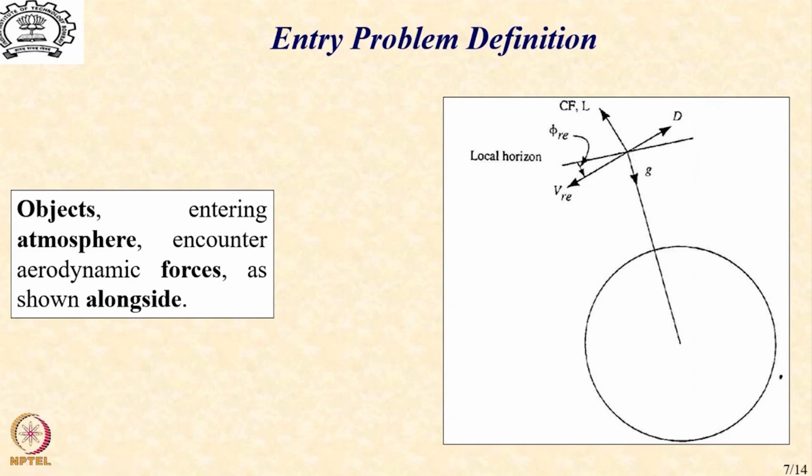A new force which will appear in this context is represented through CF, or what is called the centrifugal force, because the trajectory will not be a straight line, but a curved trajectory, either circular or any other curvilinear form.